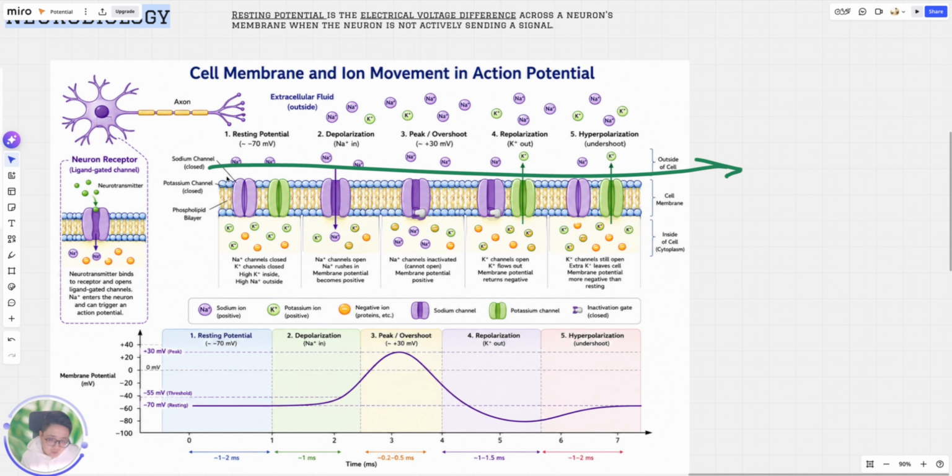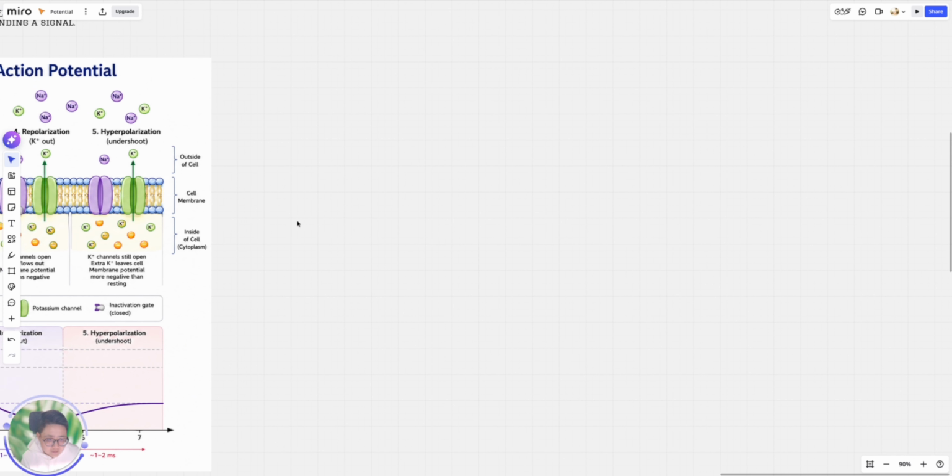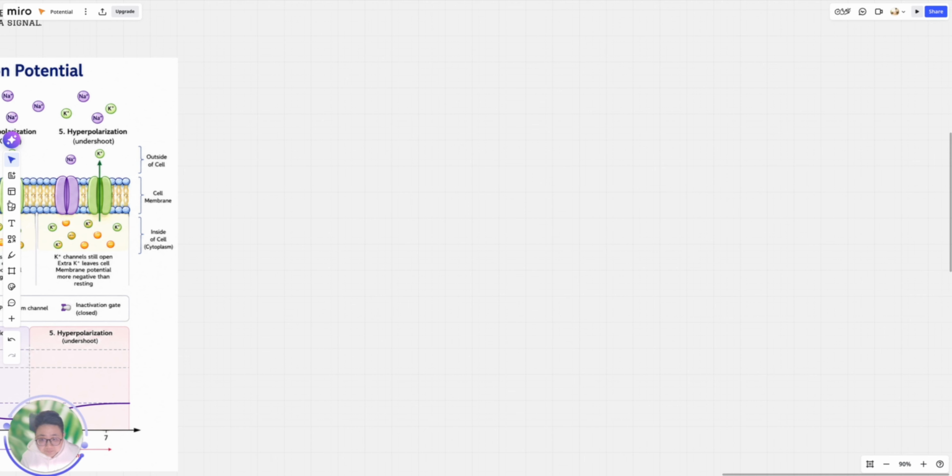It is more like a wave. If you remember the last video, it's more like a wind. But if you want to think about it as an ocean wave, that is also okay. But let's go to a space here. So what actually happened was there was a transmitter, there was neurons binding, and then it becomes very, very positive. Guess what?